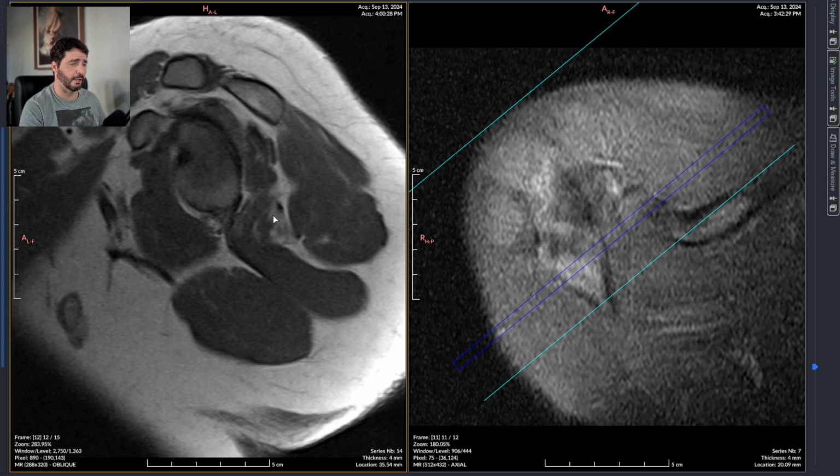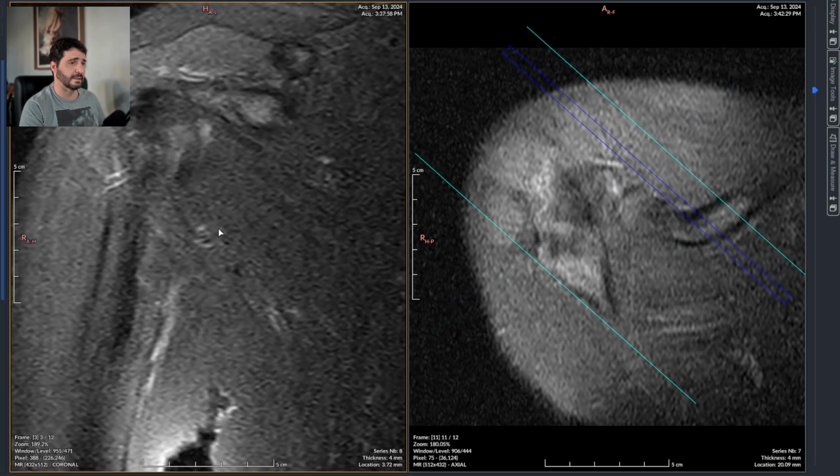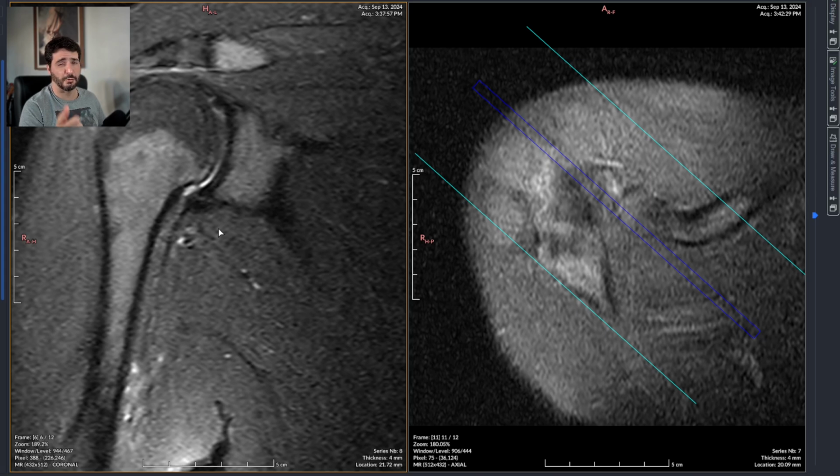So we have chronic suffering, arthrosis, tendinitis, bursitis, and fibrocartilaginous tears. So this is a major, very chronic painful shoulder.